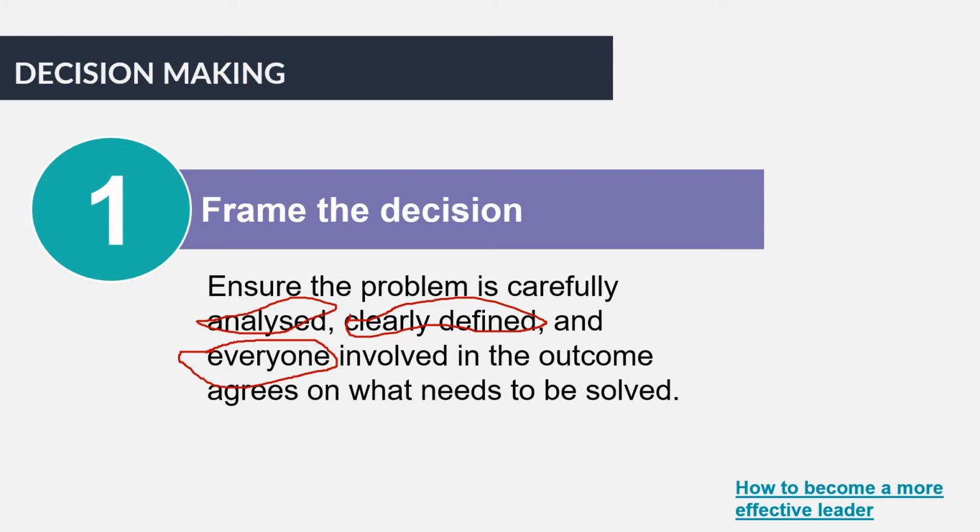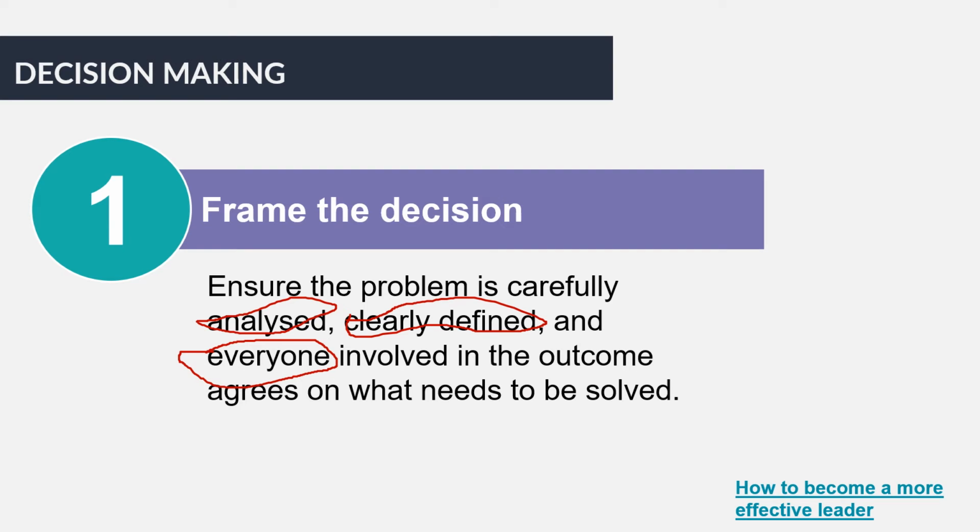Communication is always key. If you have effective communication and everyone knows what the decision is, people are able to utilize that decision to make processes that are in line with the decision which you have made.